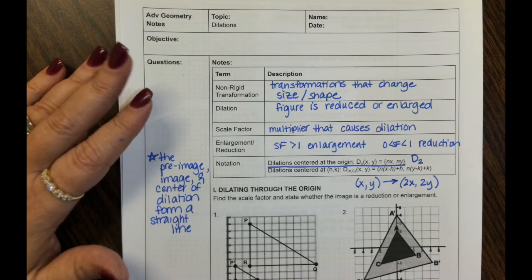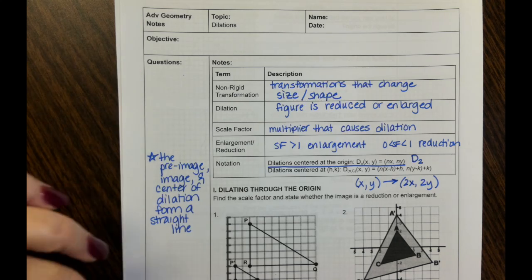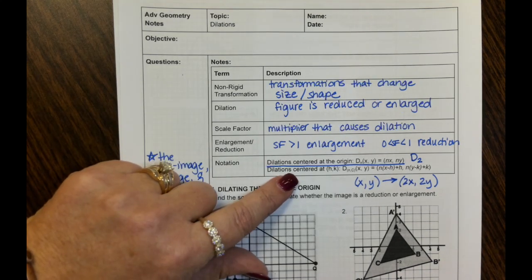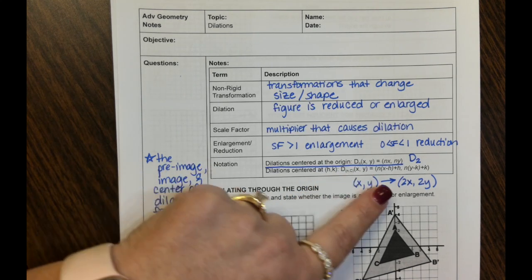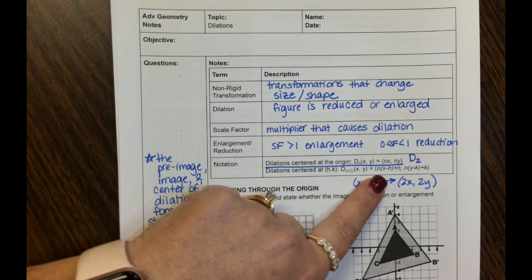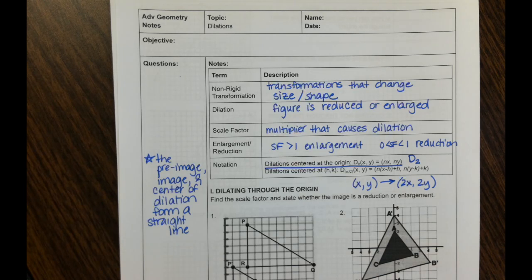So that's what your notation will look like. Quite honestly, you're not going to want to memorize this dilation centered at H, K, through a center that's not 0, 0. That's messy, keeping up with H and K and all of that. You can if you're a rule person and you are good at memorizing, but I'll show you a different way that you can do that type of problem without having to memorize that formula.